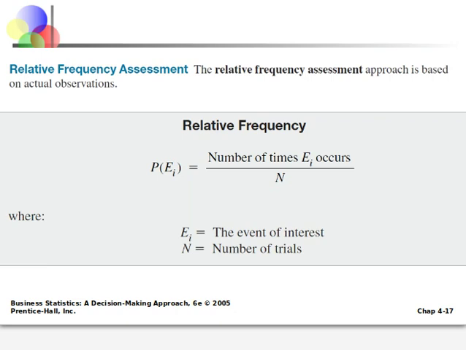Relative frequency: the probability of E sub i equals the number of times E sub i occurs over N, where E sub i is the event of interest and N is the number of trials.